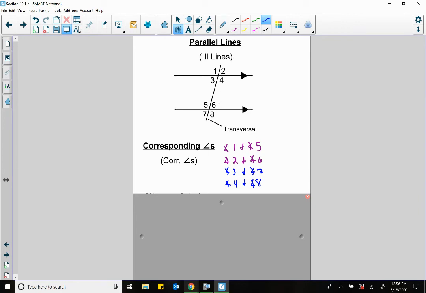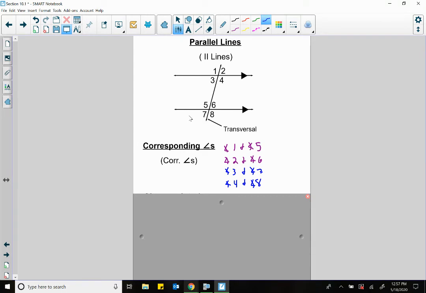Okay? Basically, what we're doing here, why parallel lines helps us out a lot, is it's given us a way to relate these 4 angles to these 4 angles down here. I call these angle hopping ideas because I can hop from angle 1 to angle 5 because they are the same. I could hop from angle 3 to angle 7 because they are the same. Okay?